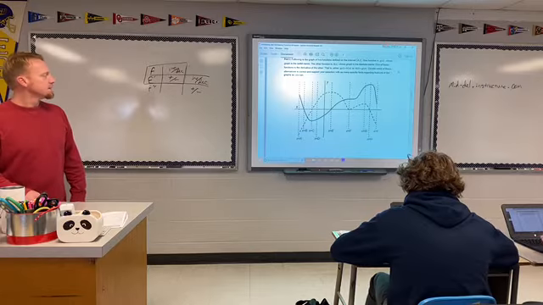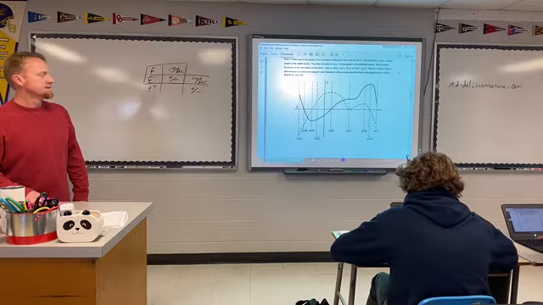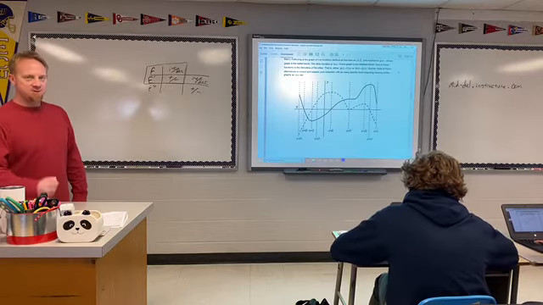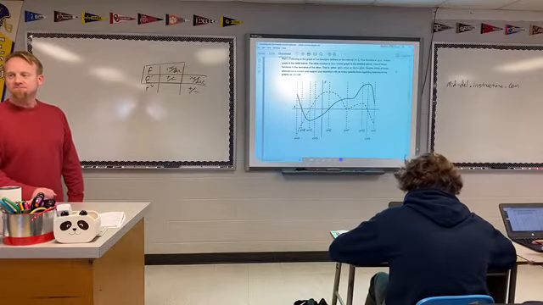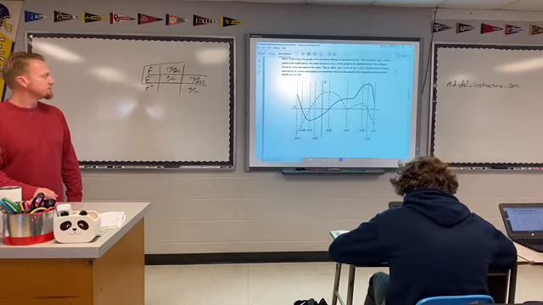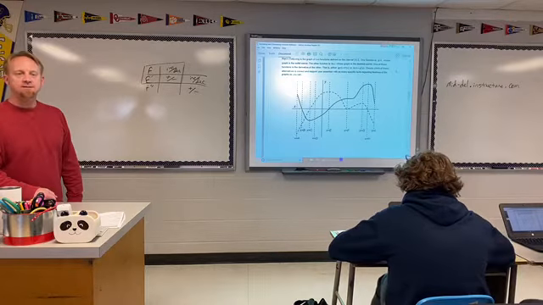From B to E, the solid one is increasing, and the dashed one is positive, but not... All right, you were on it on your first example and now you're struggling. Xavier, help her out. A to C, the dashed one is negative, which means the solid one should be decreasing.